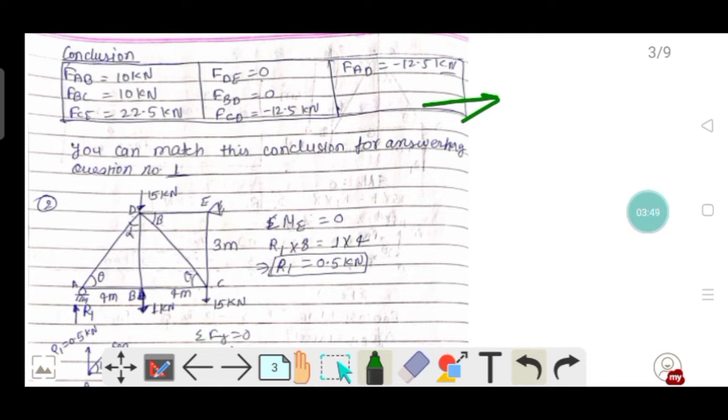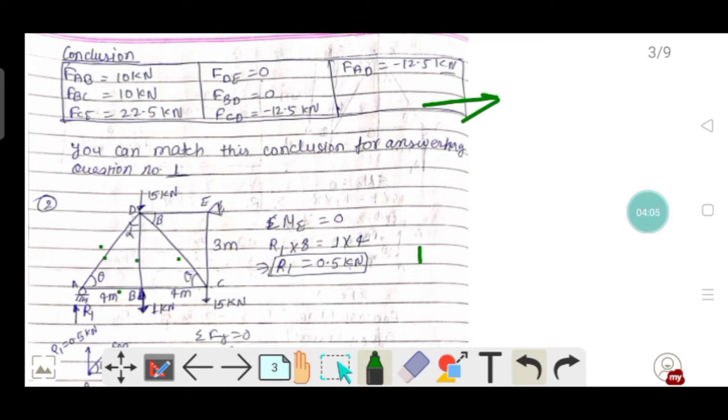Now we calculate the member forces due to unit load at point B, because we have to find the deflection at point B. So we apply the unit load and find the member forces in each member.